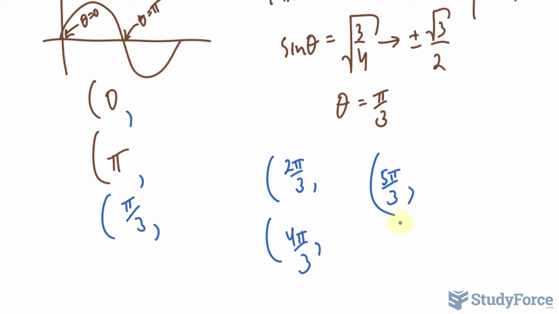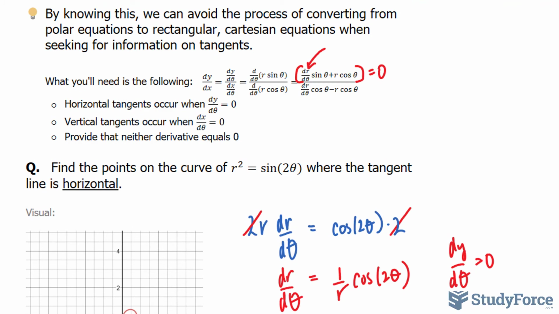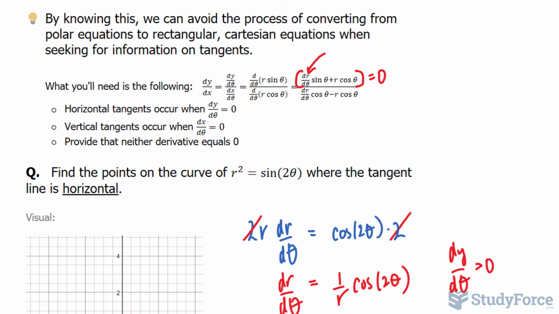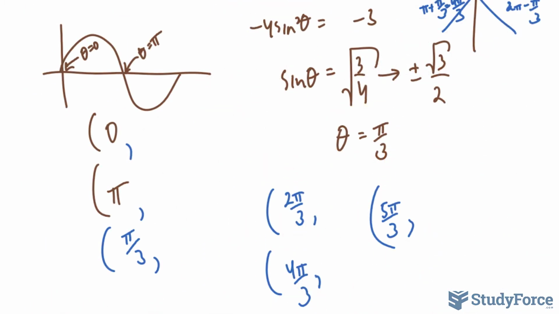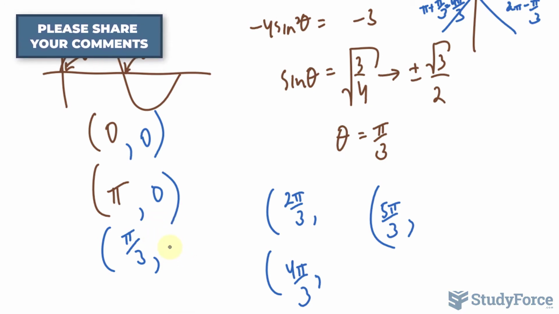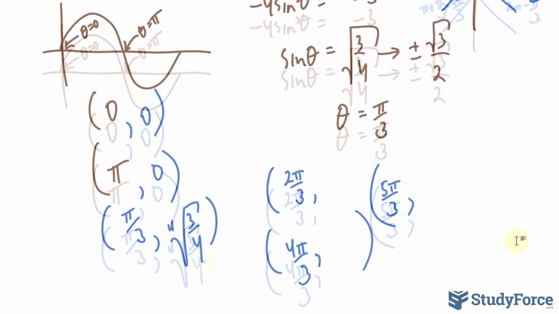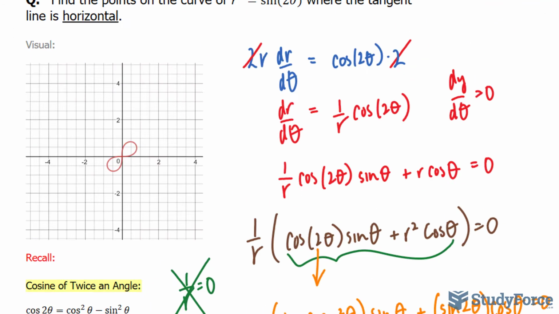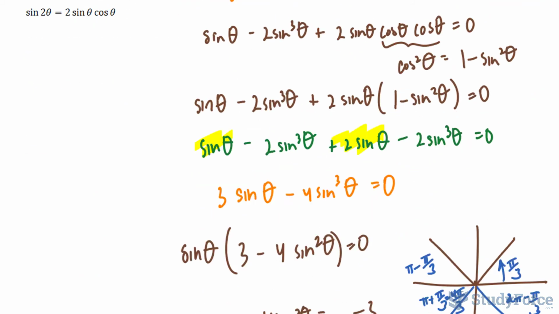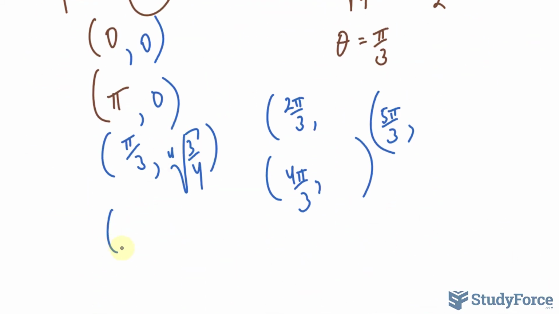So it turns out that if you substitute 0 into your original equation, r squared is equal to sine 2 theta, you should end up with 0. Substituting pi over 3 should give you the fourth root of 3 over 4. In addition, given that we have r squared, you would have gotten a negative version of this. So pi over 3 gives negative the fourth root of 3 over 4.